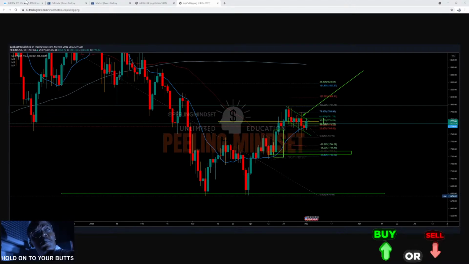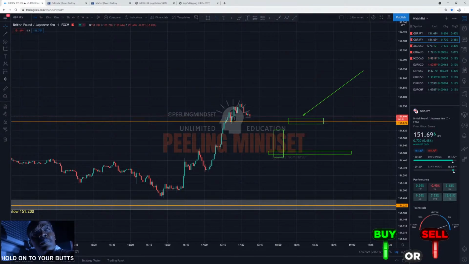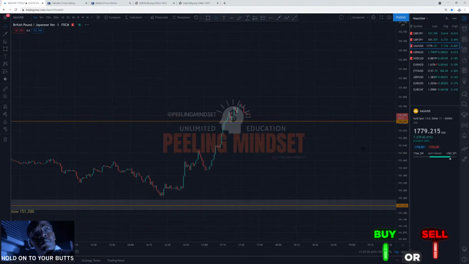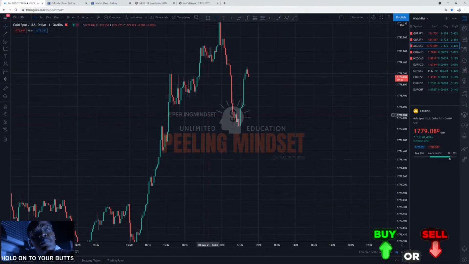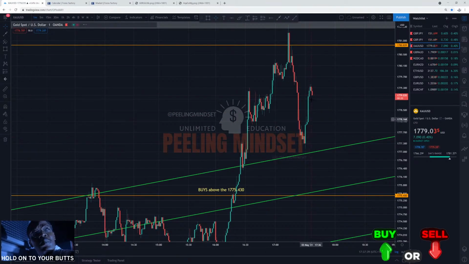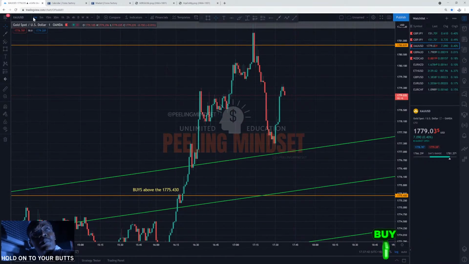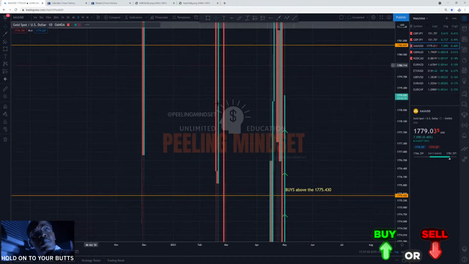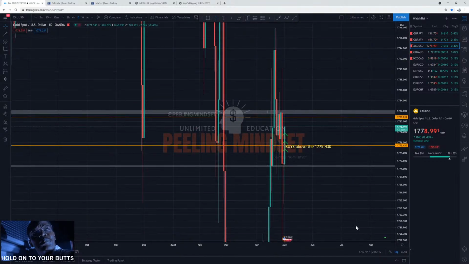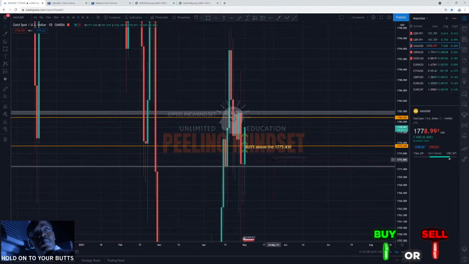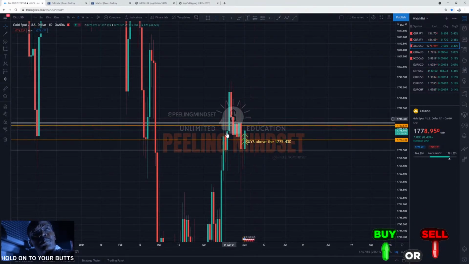So this is the first candle in gold in the daily time frame. So in gold, this is the first daily candle that's heading up, right? So it's still going back in the range.